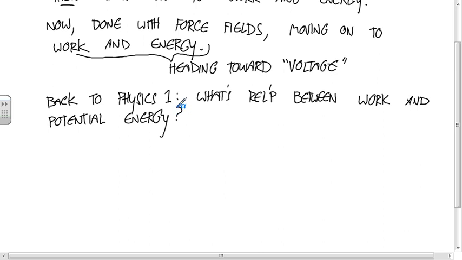In fact, potential energy is just a way of calculating work. You could do everything in terms of calculating work. But when you have conservative forces, potential energy is a nice way to think about it. The calculations get easier.